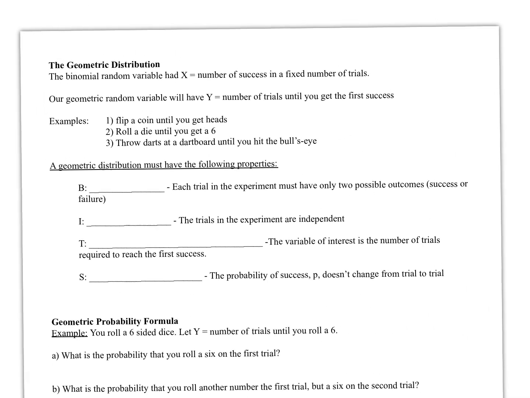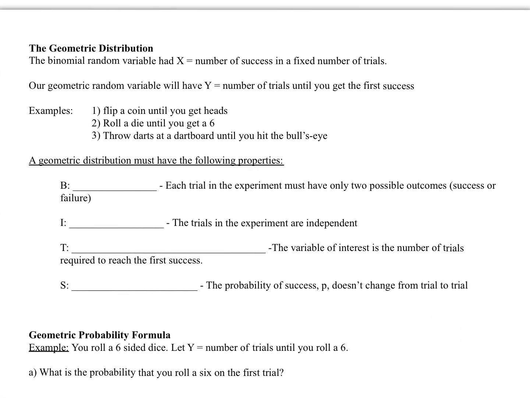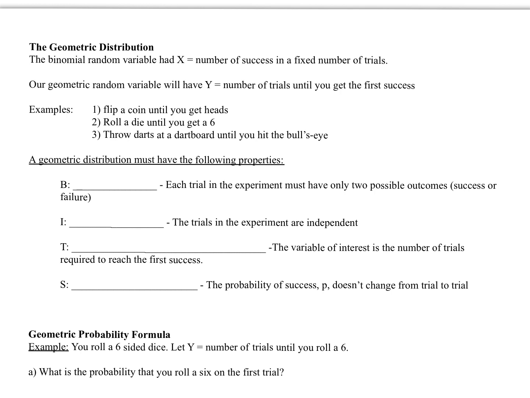The last thing we are going to discuss is the geometric distribution. For a binomial random variable, x equaled the number of successes in a fixed number of trials. When we look at a geometric random variable, we use the variable y, and it's the number of trials until you get the first success. So we're basically saying, let's solve for n in this situation.